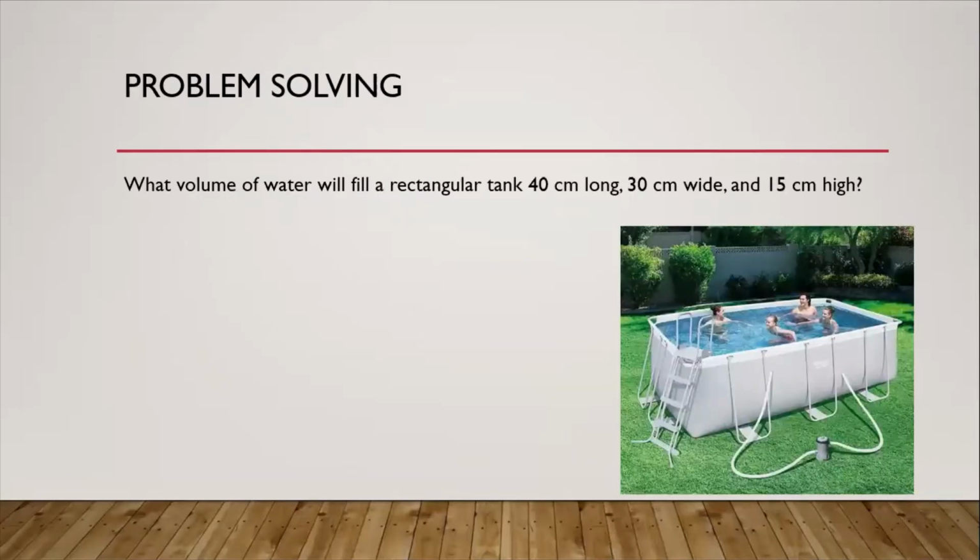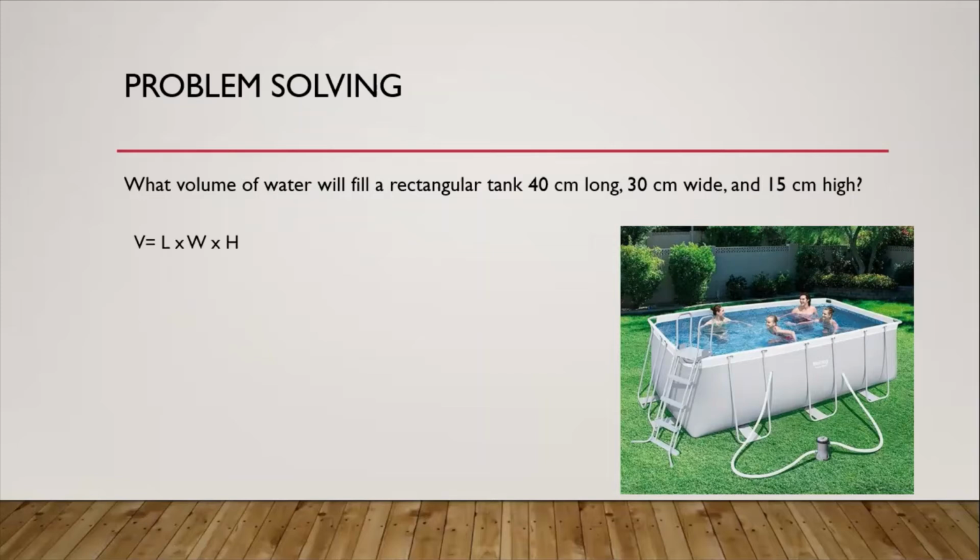Now this time, let us use our learnings in finding the volume of a rectangular prism with a problem: what volume of water will fill a rectangular tank that is 40 centimeters long, 30 centimeters wide, and 15 centimeters high? Based on our formula, volume is equal to length times width times height.